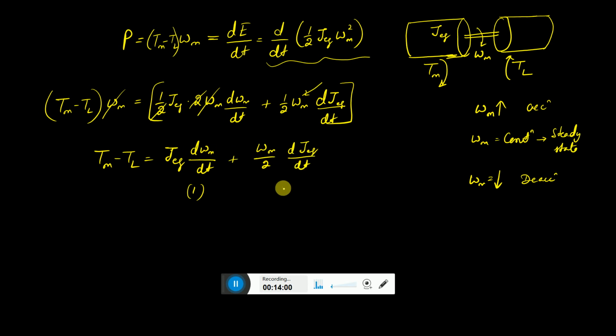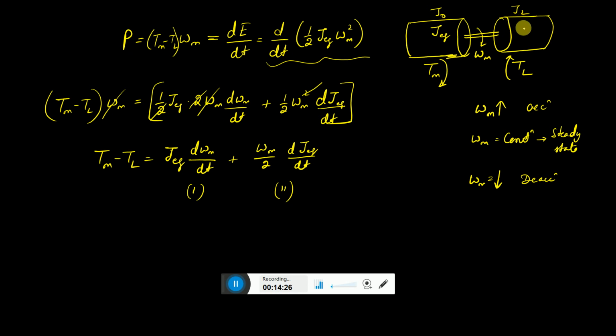Now another term is J equivalent. This J equivalent is the inertia of the equivalent mass of J0 and JL. J0 is nearly constant, so there is no change, and the derivative of this will be 0. If the load inertia is fixed, whatever the load is fixed, then this term will also be equal to 0.